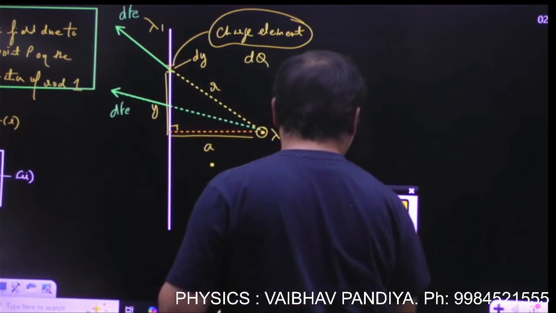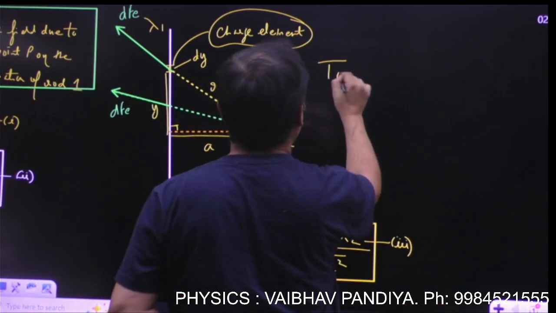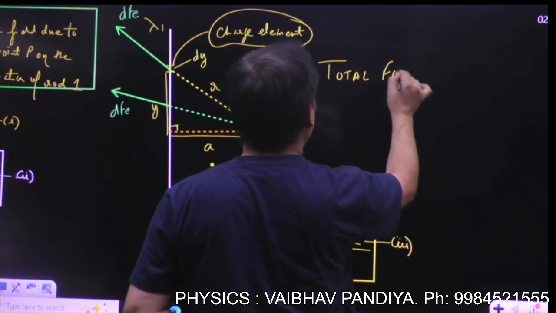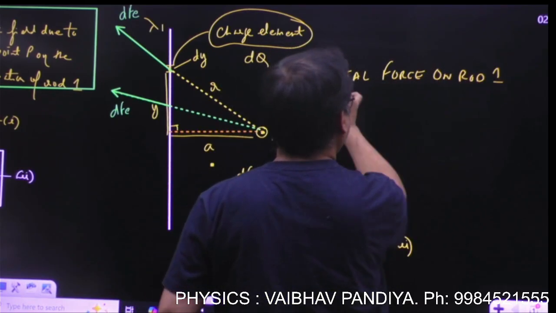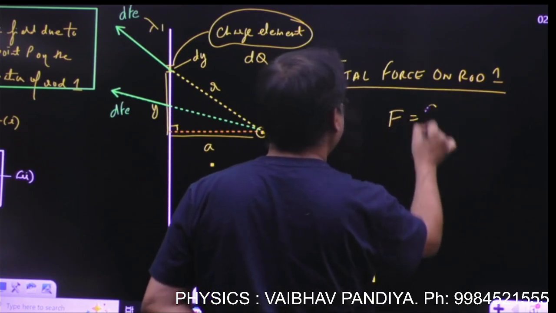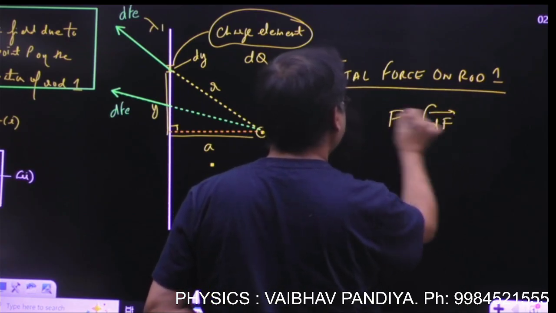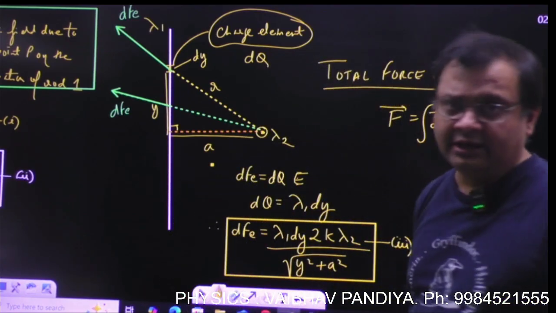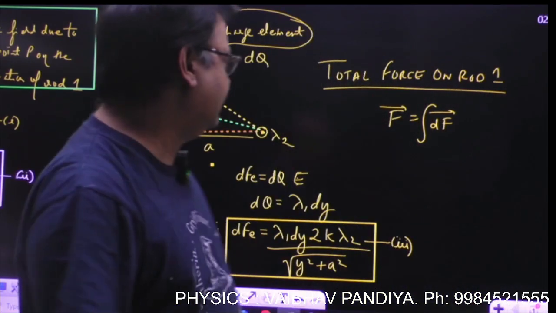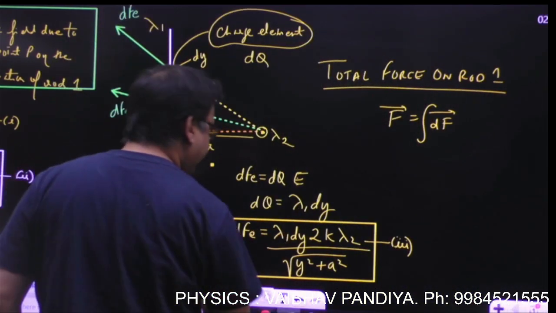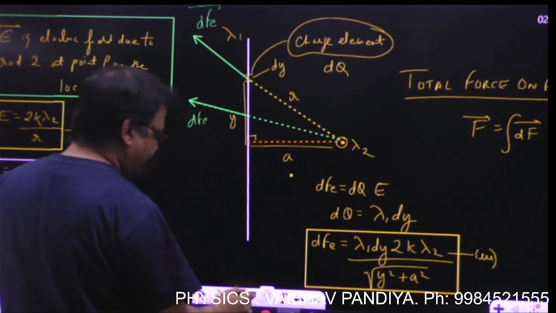So if you want to find the total force on rod 1, we have to integrate, and force is a vector quantity, so we have to go for a vector integral, and the basics of vector integrals need to be done on different axes. It's not a 1D case, so we have to take a coordinate system.